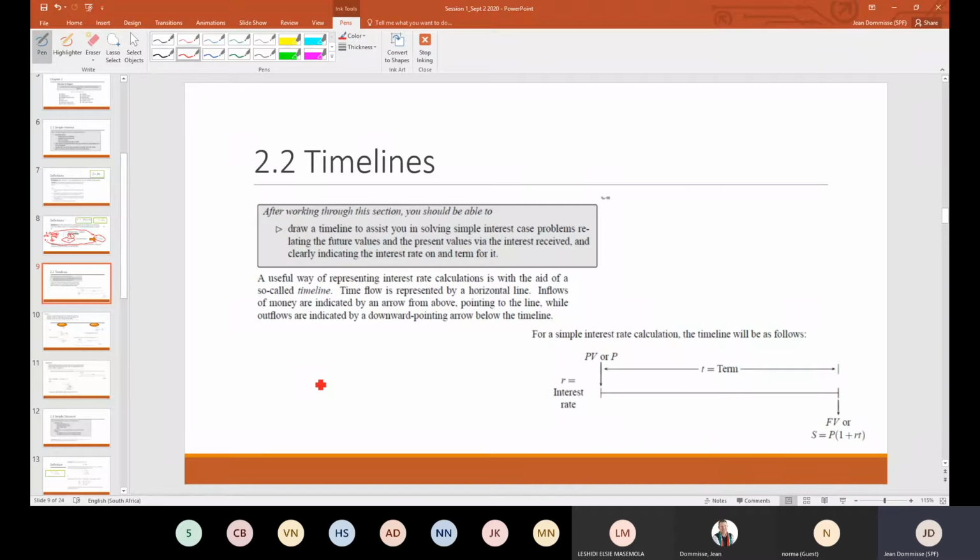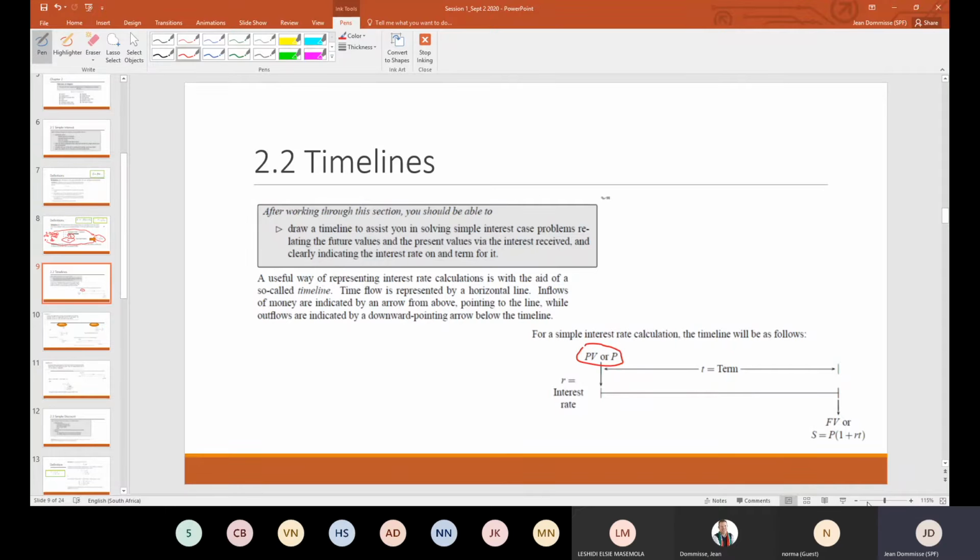Sometimes out of a timeline, you will also be able to start eliminating some of the answers you get in the assignments or in the exam.